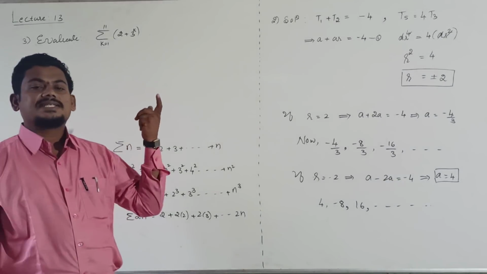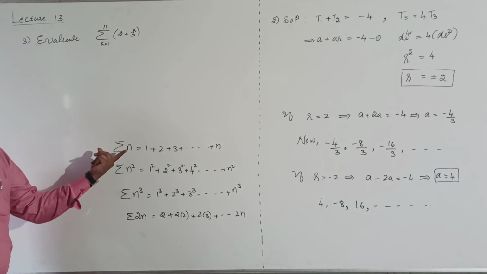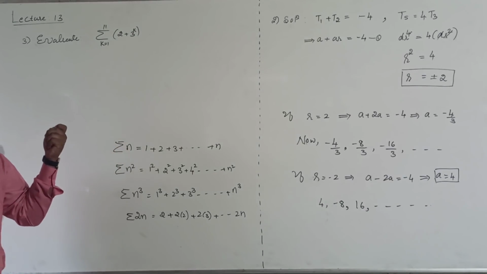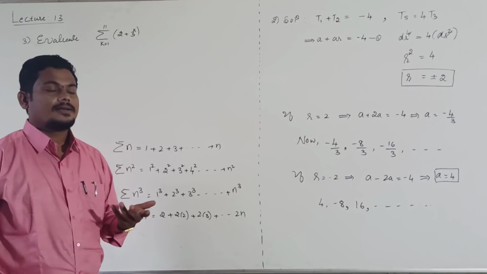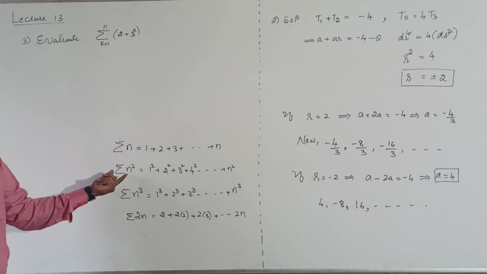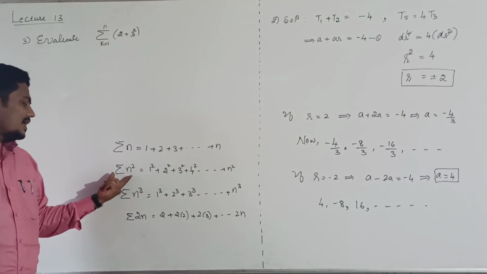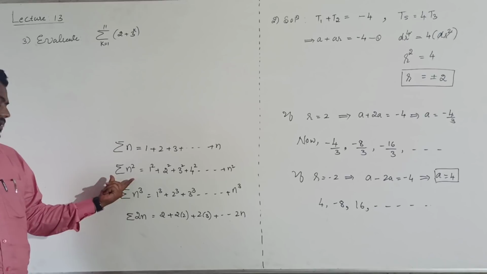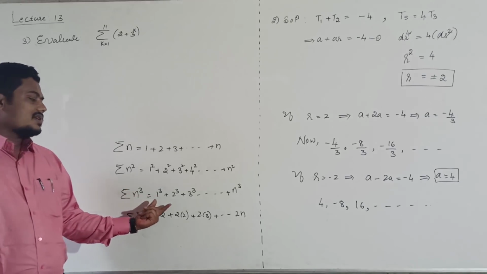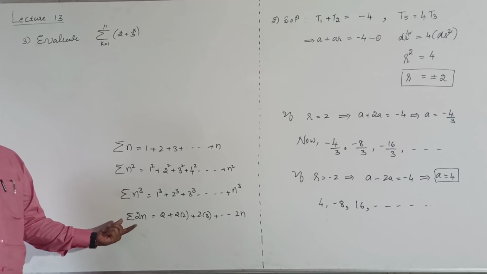Sigma n means sum of first n terms. It is Sn. Sum of first n terms means summation of n. Sum of squares of first n natural numbers is denoted with sigma n square. Sum of cubes of first n natural numbers is summation of n cube.